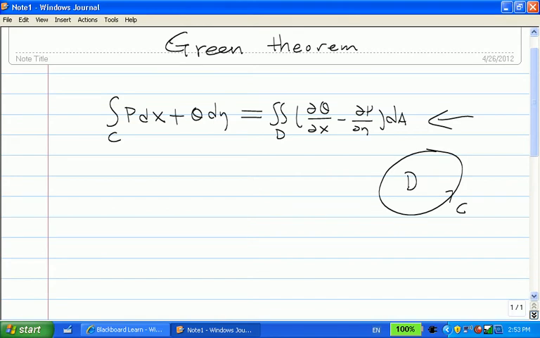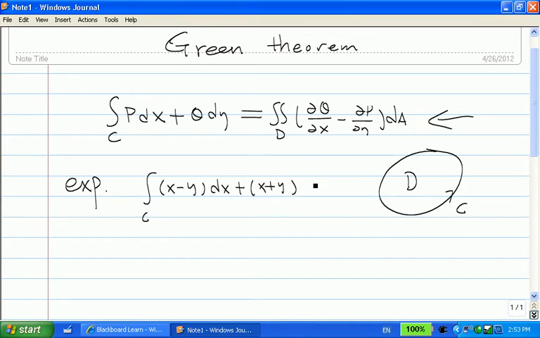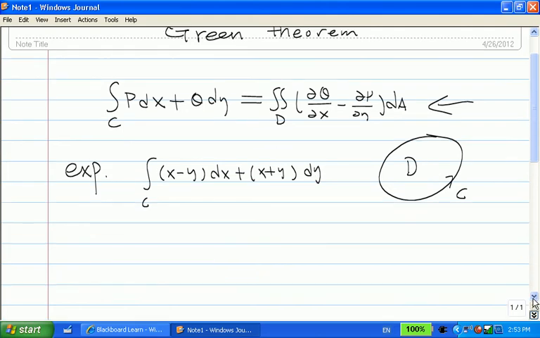Now I will give you two examples to show you how to use Green's theorem to calculate line integrals. First example. We want to find this line integral of (x minus y) dx plus (x plus y) dy. Okay.